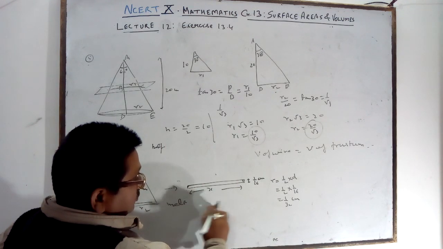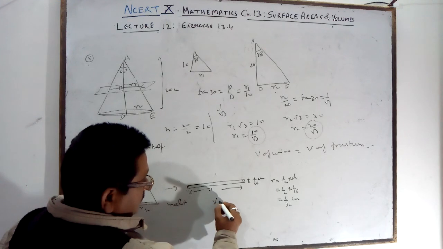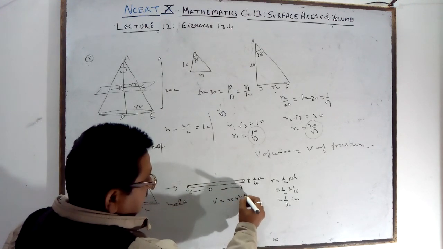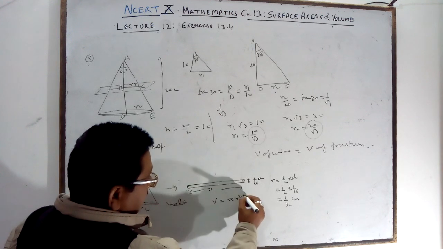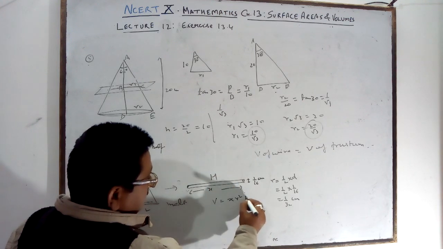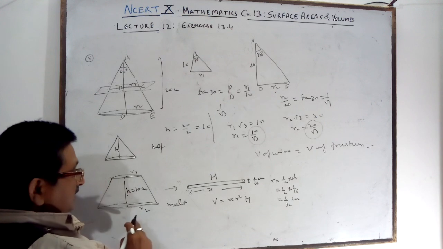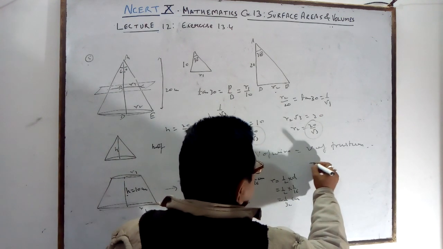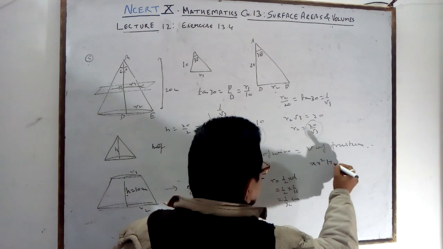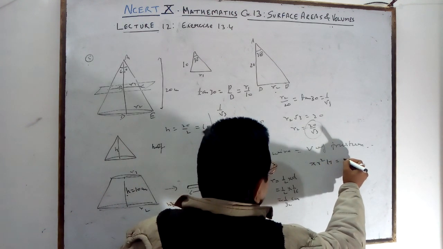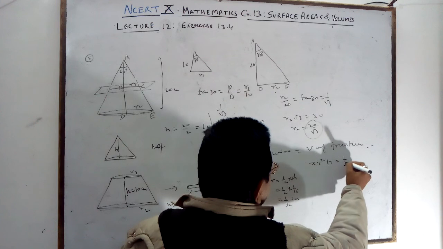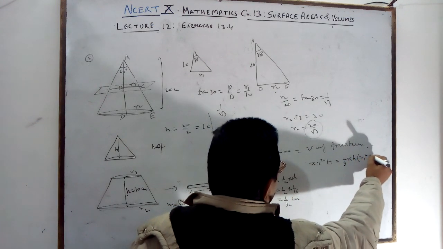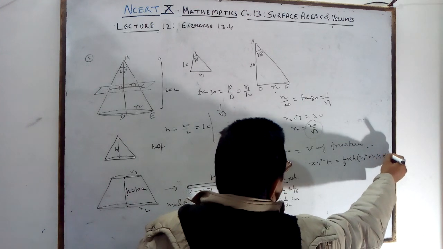So what is the volume? Volume of this wire is equal to pi R square H. It is capital H, I am taking pi R square capital H. Here is small h. So what will you get? Volume of wire pi R square capital H is equal to 1 by 3 pi h (R1 square plus R1 R2 plus R2 square).